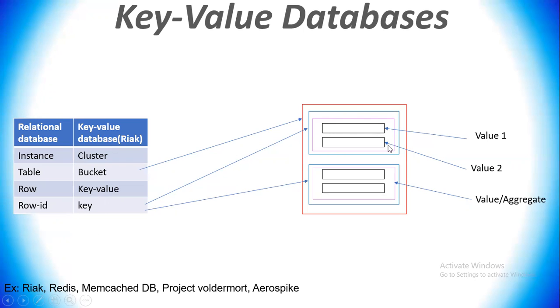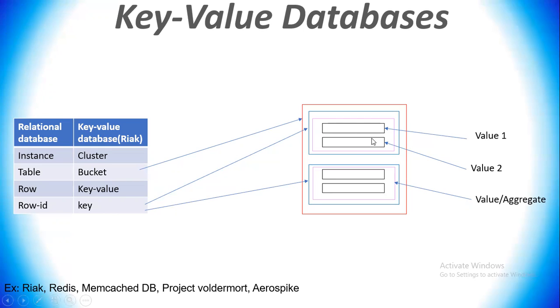So values are there in the rows as aggregates. There can be one value or two values, or there can be some aggregates inside these values also. So one value can be an aggregate also. That is how these hierarchical databases are designed.